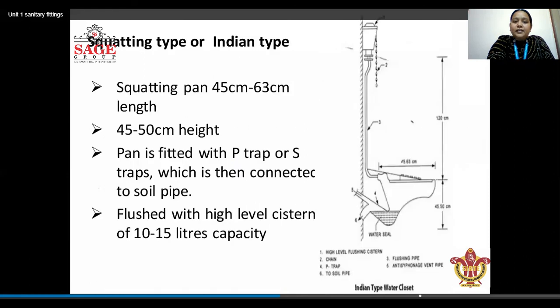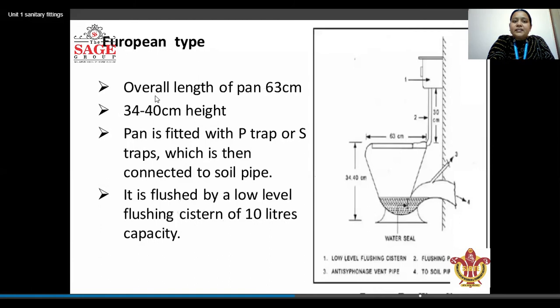Here the height is 45 to 50 centimeter, or this one is 30 centimeter to 40 centimeter in height. The pan is fitted in the P and S shape trap, and then connected to the soil pipe. It is flushed by the low level flushing system with 10 liter capacity.